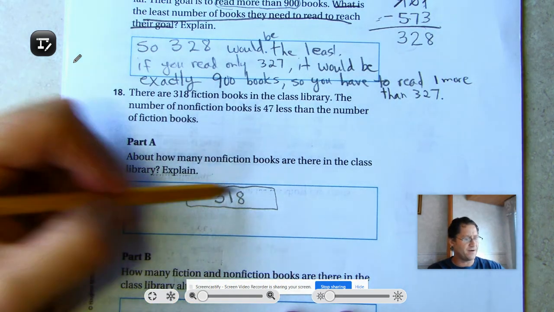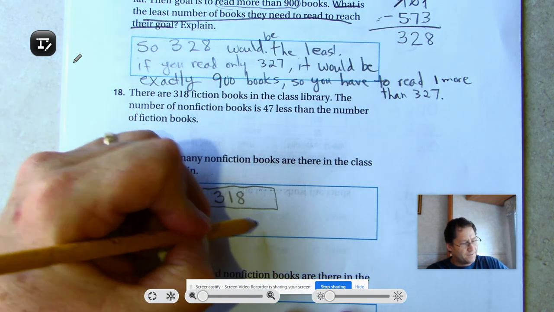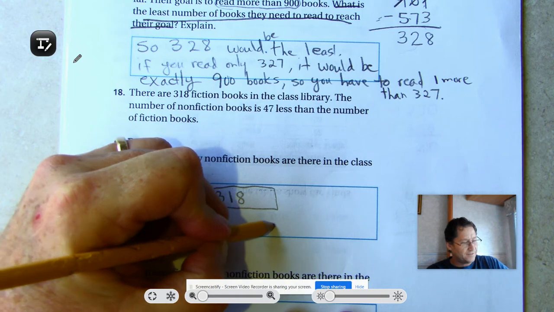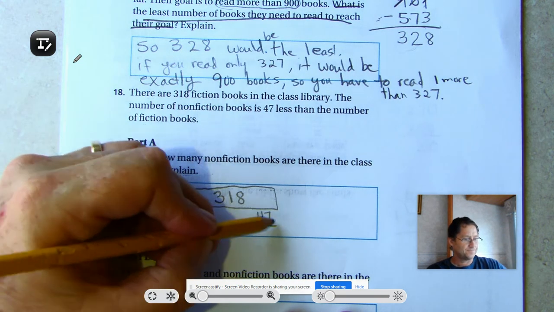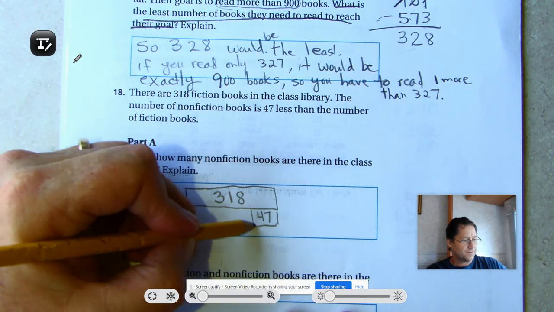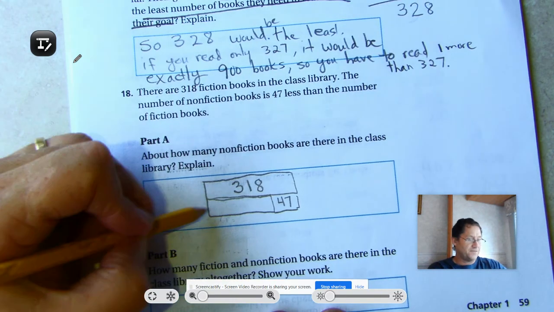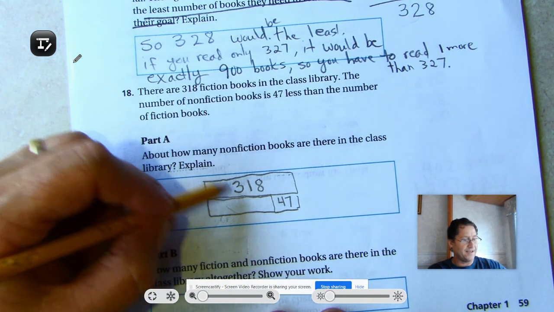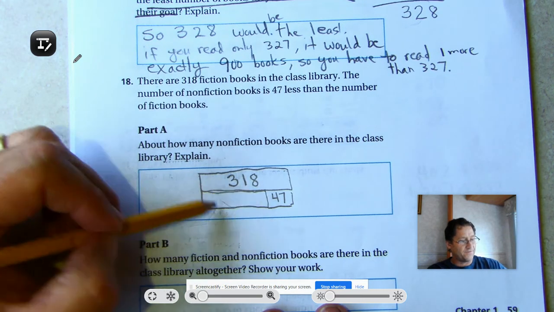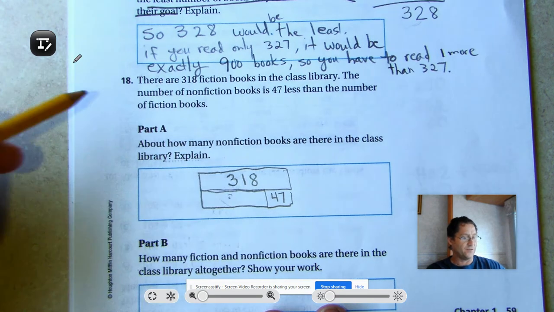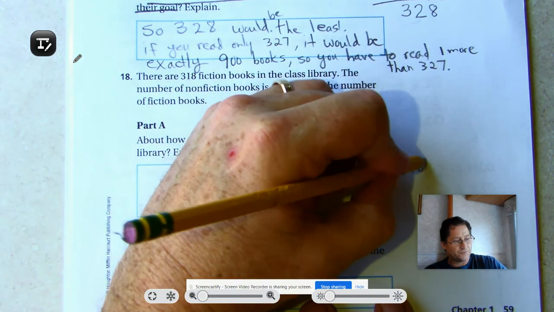We know that there's 318 fiction books, and the number of nonfiction books is 47 less. So the nonfiction bar is smaller than the fiction bar, and so we have to figure out what this number is so that we'd have 47 less. And so we would subtract.